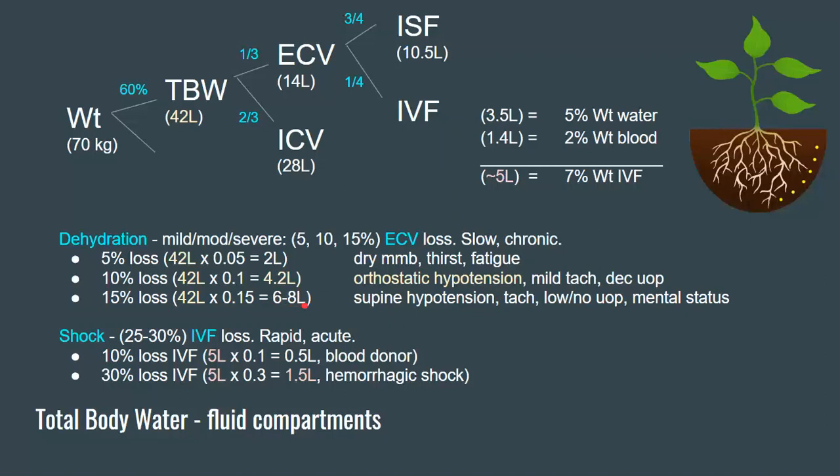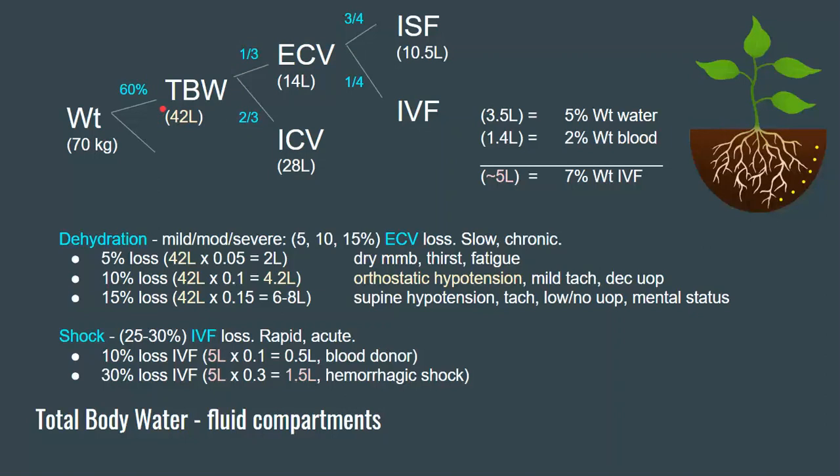But remember, all of this fluid is coming and going through the extracellular fluid most quickly, and then slowly it can be drained from the intracellular. So mainly the fluid in play is extracellular fluid, but we're trying to assess total body water status.